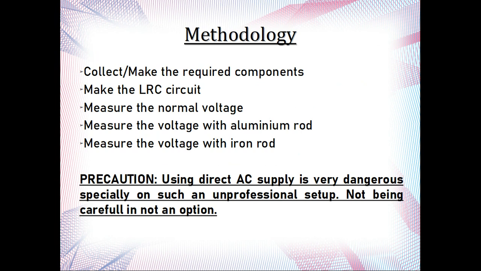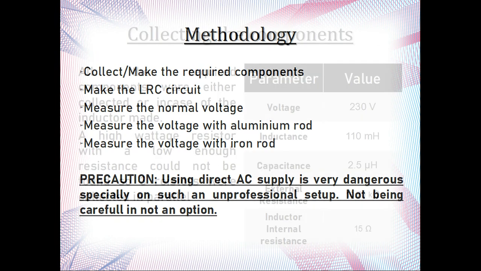By that, we measured the normal voltage when it is directly connected to the AC, and the voltage when an aluminum rod and iron rods, both a thin and a thick one, are inserted into it. A precautionary measure: the AC supply is very dangerous, so it must be handled with care.